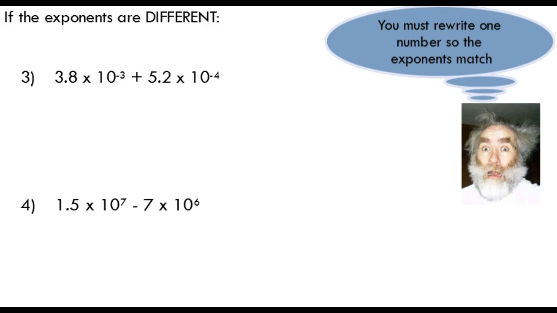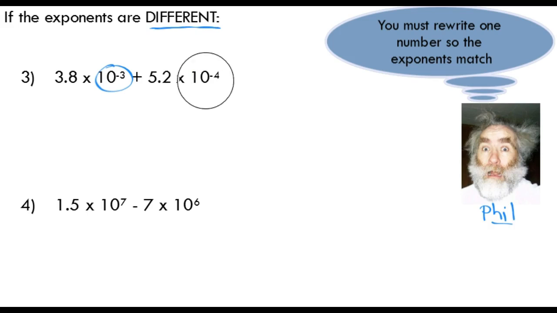All right, I brought in a helper for this one. We'll call him Phil. So if the exponents are different, this is where things get tricky. You can't just add right now. I have to do something first. So notice 10 to the negative 3, 10 to the negative 4.